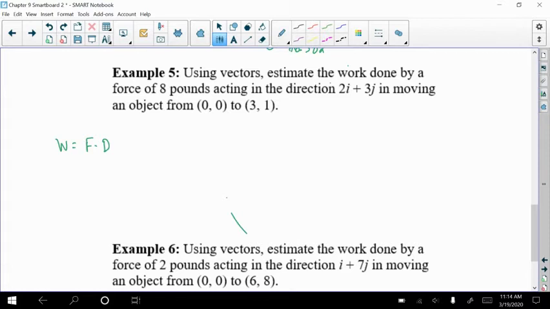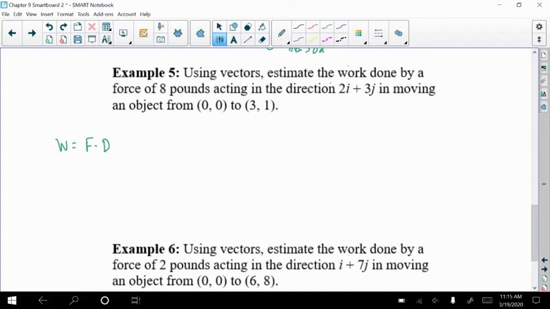When you get to more advanced physics classes, you would talk about gravity, friction, maybe air resistance and other forces. So it's a simplistic model to help calculate work, all based on the product of two vector quantities, a force and a distance.